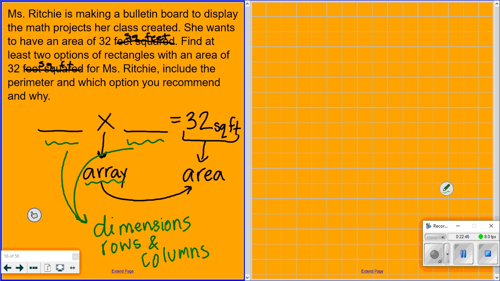When we hear dimensions, when we hear length and width, I want you to think rows and columns. Emily, what should you be thinking about when you hear length and width? Rows and columns. Blaine, what should you be thinking about when you hear dimensions? Rows and columns.